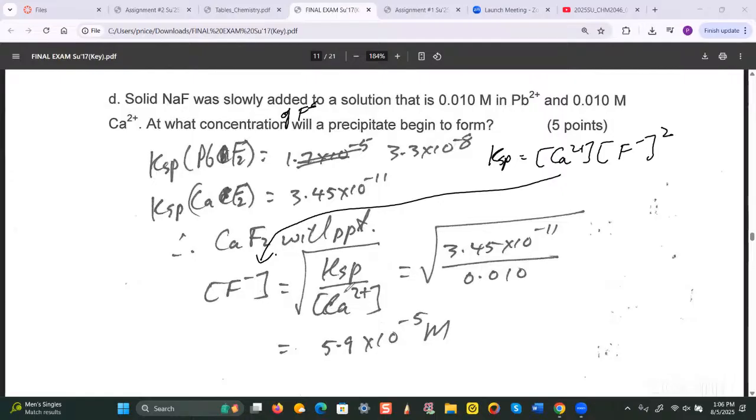And then you put the numbers in, right? We put the Ksp value here, and we put the concentration of calcium, which is given, down here, and that would give us what the question is asking for, which is the concentration of F minus required to form a precipitate. That's basically how that is done. Okay? All right, any other questions?